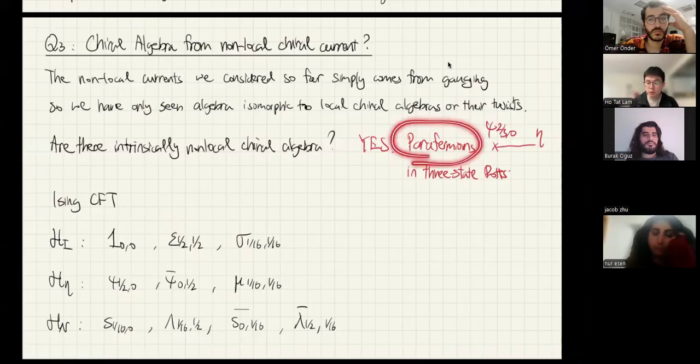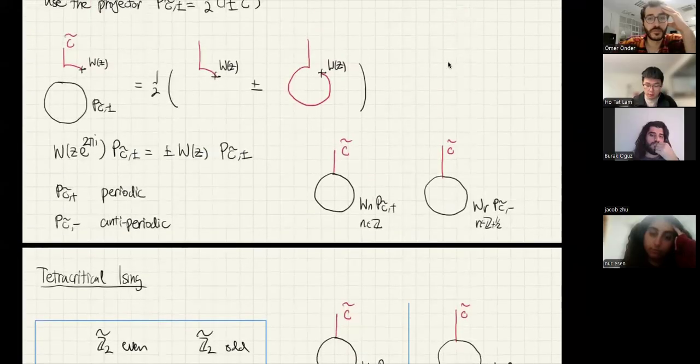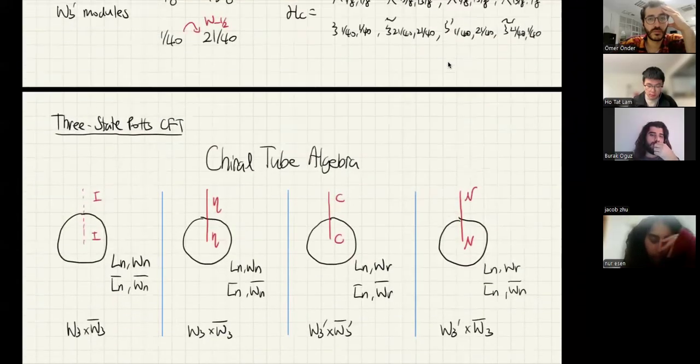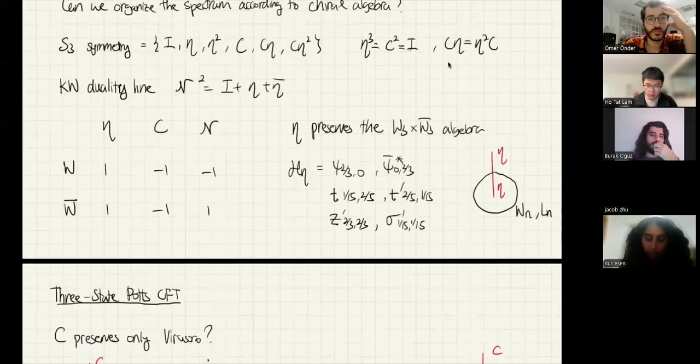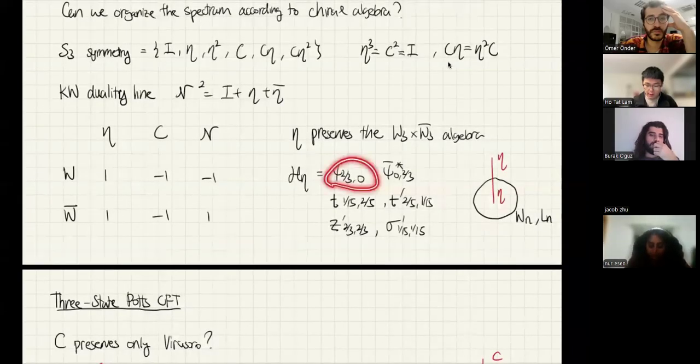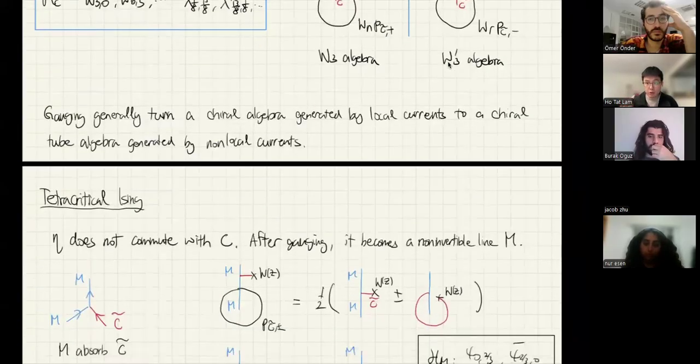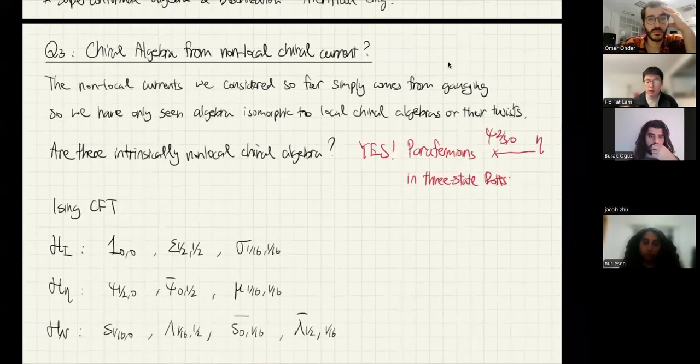Parafermions actually already exist in the three-state Potts model. In the three-state Potts model, if you look at the eta defect Hilbert space, let me show you the eta defect Hilbert space, we find these non-local chiral operators, and their spin is 2/3. These are precisely parafermions, and because they have fractional spin, if we can build chiral algebras out of parafermions, then they are necessarily intrinsically non-local chiral algebras.